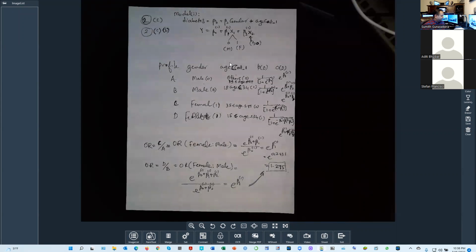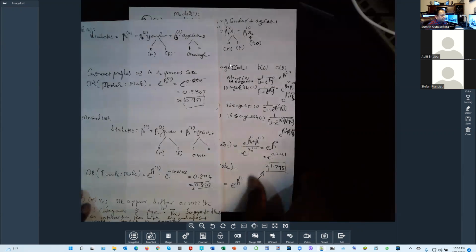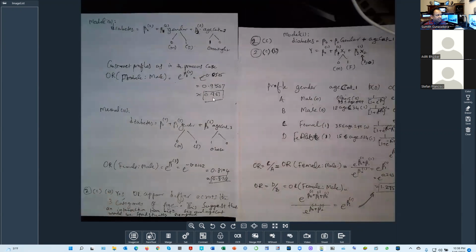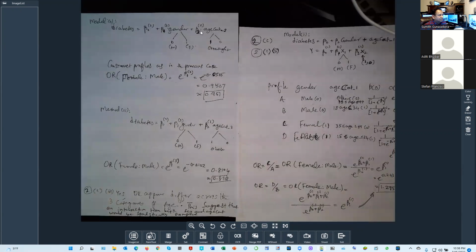And if you go to the second one and third one, that's the same thing. I wrote model 2 there, I put the 2 over here on the beta to distinguish from these ones. And 3, same thing: e to the beta 1 third model, e to the beta 1 second model, e to the beta 1 first model.